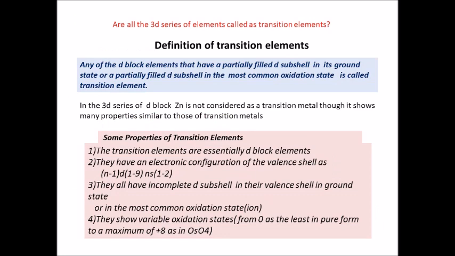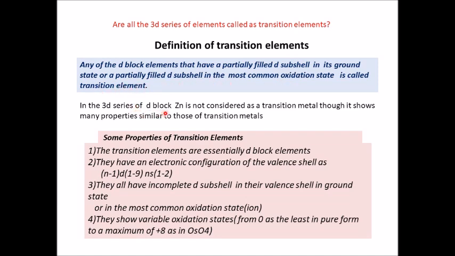Next we will see, are all the 3d elements called transition elements? No. Then what is a transition element? Any of the d block elements which has a partially filled d subshell in its ground state, or a partially filled d subshell in the most common oxidation state, is called a transition element.